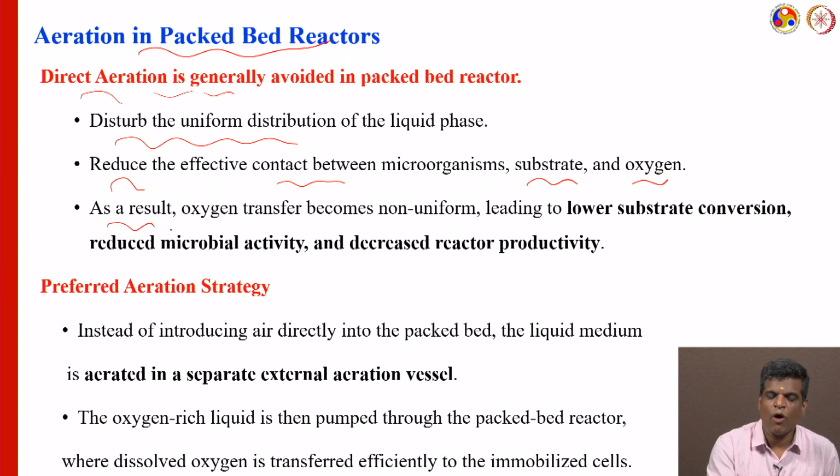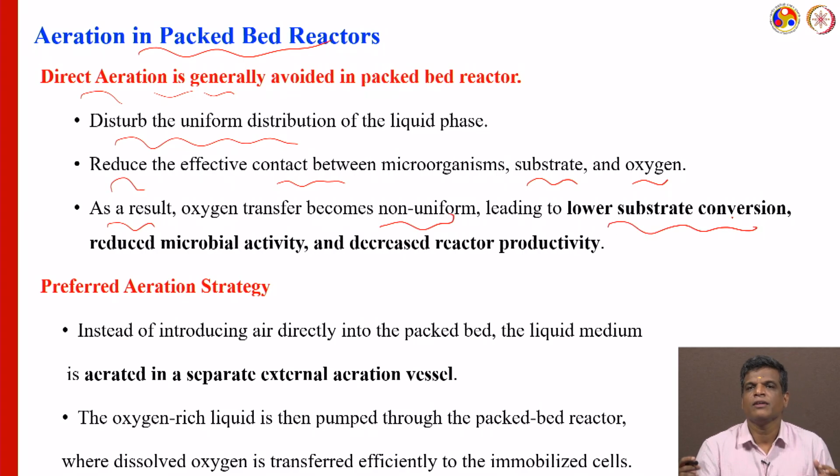As a result, the oxygen transfer becomes non-uniform. It definitely leads to lower substrate conversion, because we will not get good substrate conversion here, and of course it reduces the microbial activities. And if your microbial activity reduces, automatically the reactor productivity also decreases here.